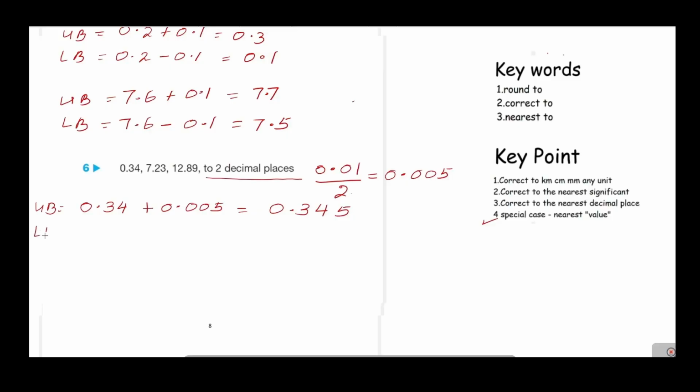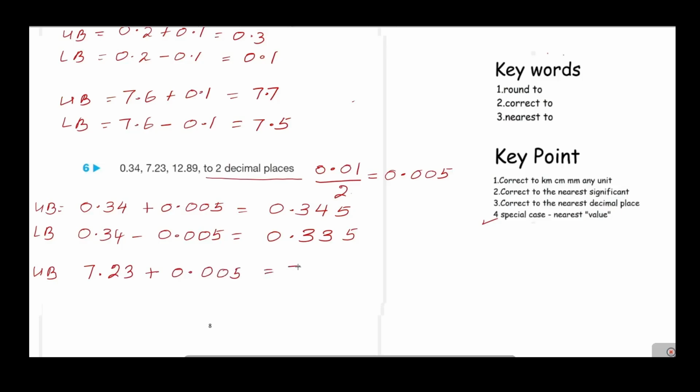And low bound, I need to subtract this much, 0.005. Let's subtract, then how much do you get? 0.335. What about this one? 7.23. Upper bound of 7.23. We gotta add this key point, which is 0.005 again.